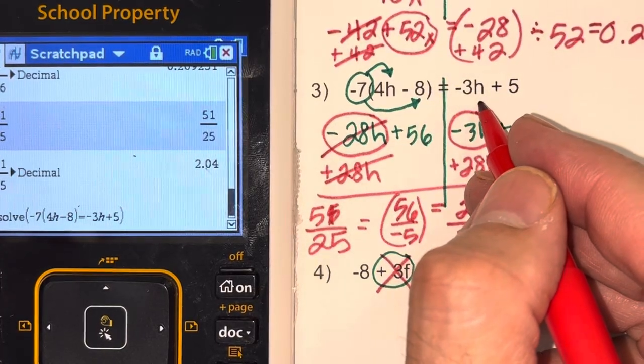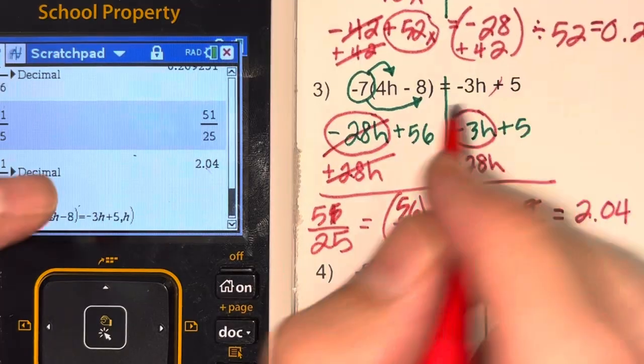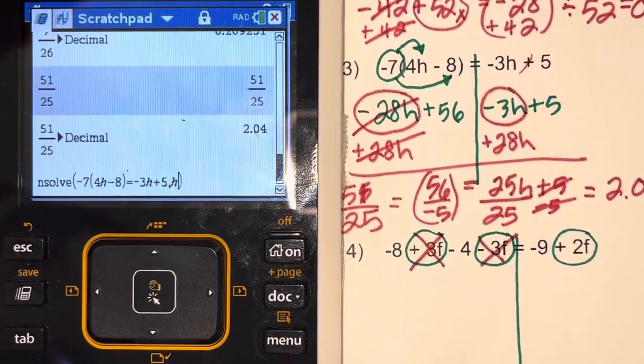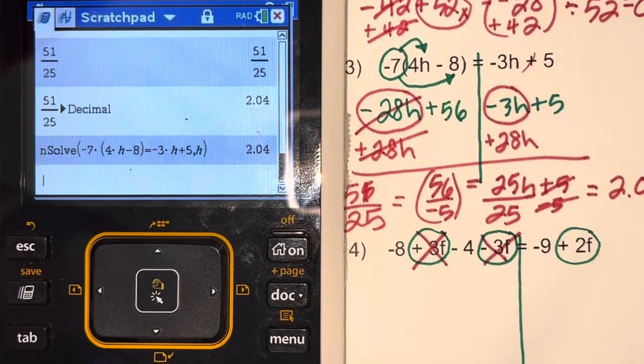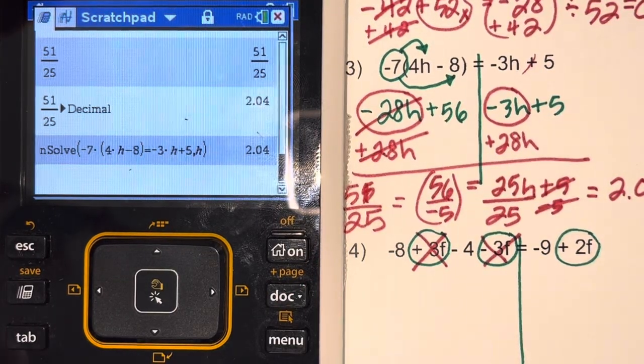We need to put in comma h. So this is what we're solving, and then this is what we're solving for. We're solving for h. So we got nSolve, and we hit enter, and we do come up with the same answer, 2.04.